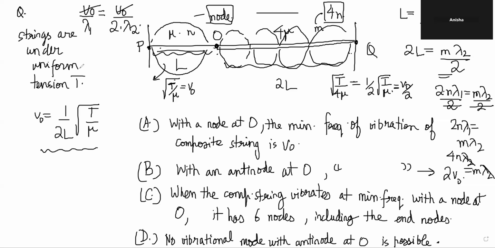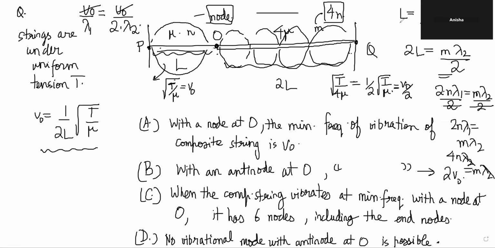So that should help us answer something with minimum frequency of vibration of composite string is V naught. So in that case, if n is 1 and m is 4, what are we getting as the frequency? For minimum, n is 1, and I'm getting frequency as velocity by wavelength, and wavelength is 2L.